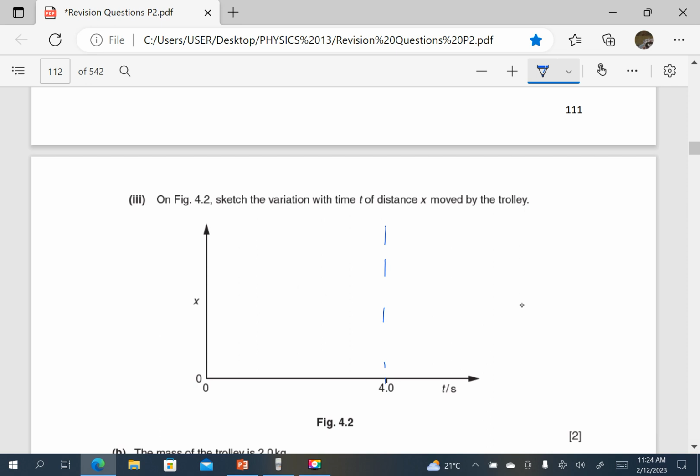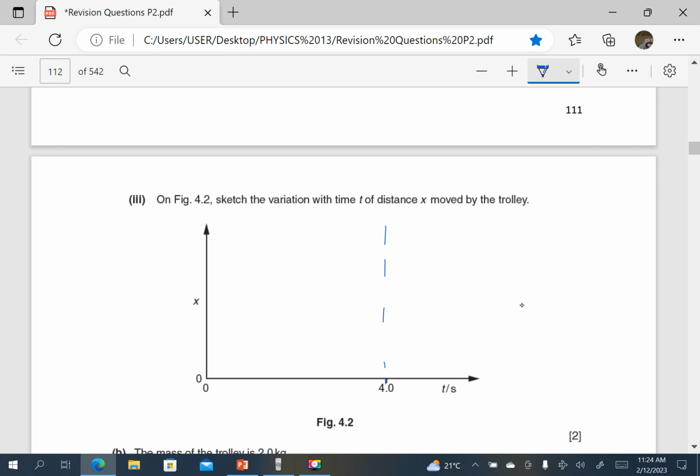But initially, at t equals 0, the trolley has velocity of 0.5. That means initially the gradient at t equals 0 should not be 0. Remember, this is a graph of displacement against time. So I can't draw a graph which is very horizontal at 0. So it should have some gradient at t equals 0.